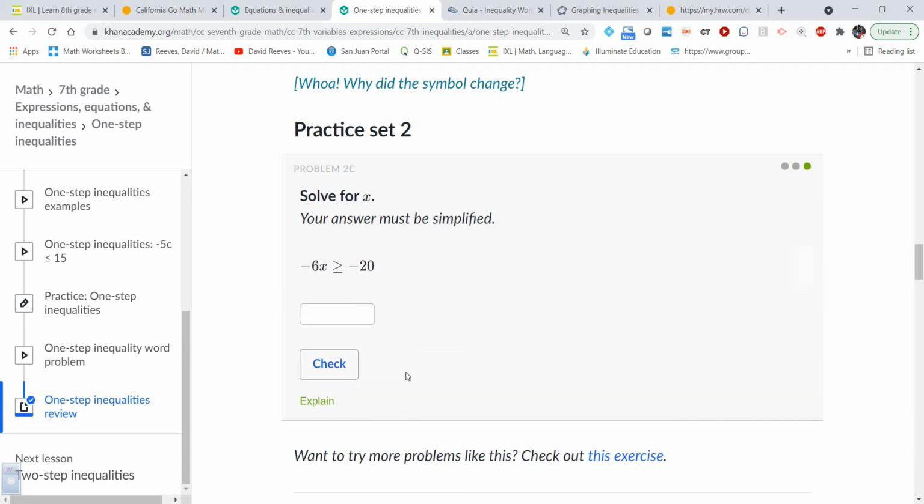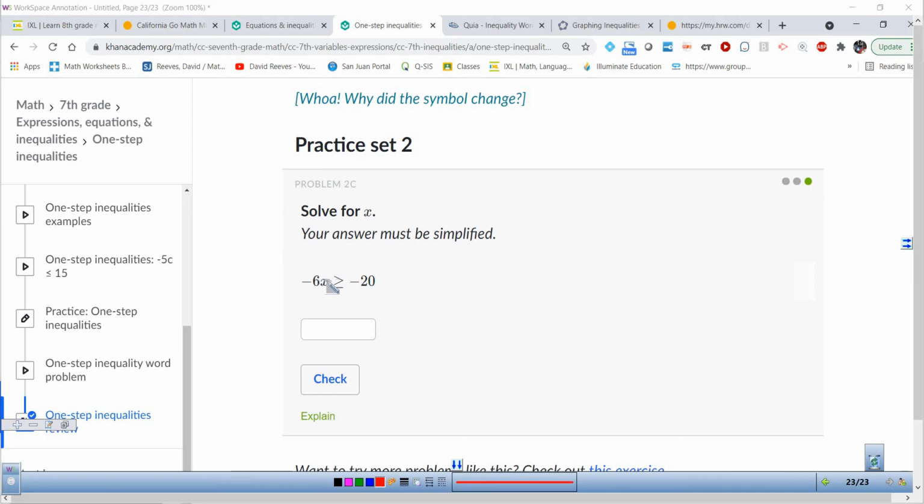All right. Now, what do we have to do on this one? Here we go. This one, it's negative 6 times x is greater than or equal to negative 20. I'm going to divide by negative 6. I am dividing by a negative, which means my original one was true, and now I have just made it false. So how do I make it true? By flipping, by reversing the inequality sign.